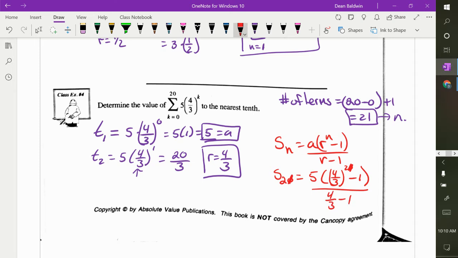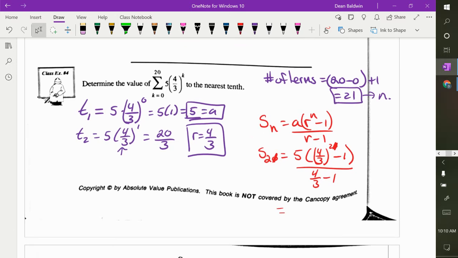All right. This will be a challenge for people because it's got fractions. But you can just do a decimal. Just go 4 divided by 3 and do everything that way. And tell me the sum, please. To, what do they want?